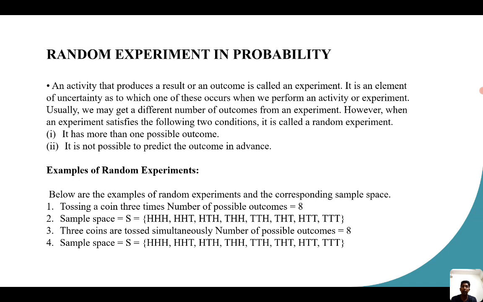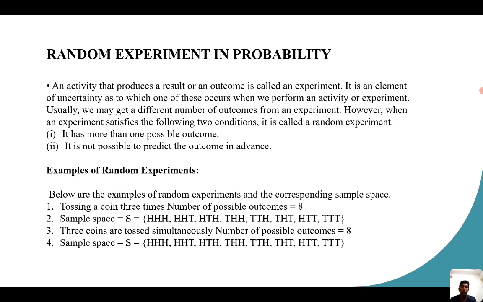Example of random experiments. Okay, let's see the following random experiments. The first one is tossing a coin 3 times. Number of possible outcomes would be 8.